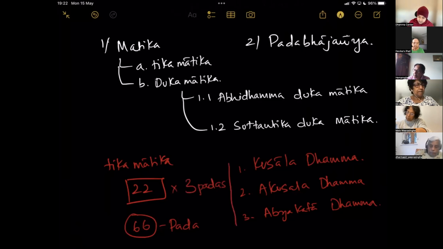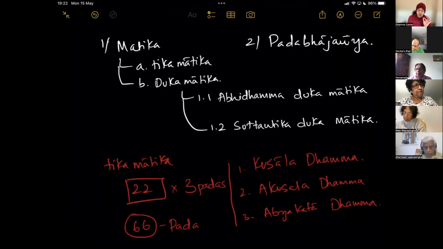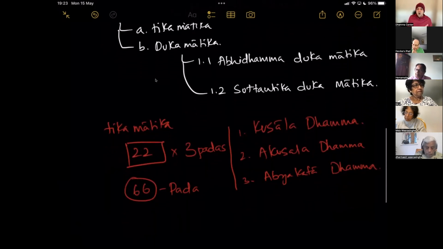Of course, these padas change. This is just an example to show how one of the 22 categories adds on to the list of 66, 22 multiplied by 3, because in Tikamatika all the categories have 3 different padas.